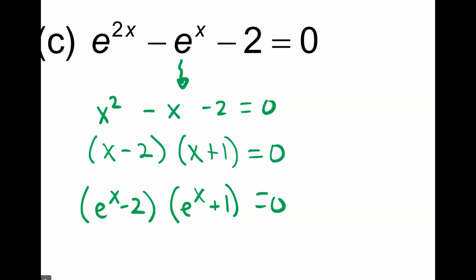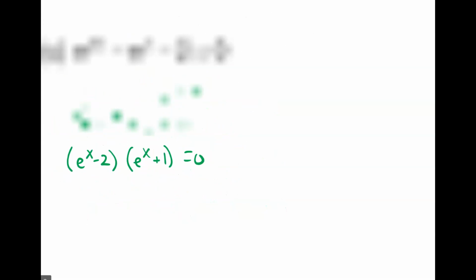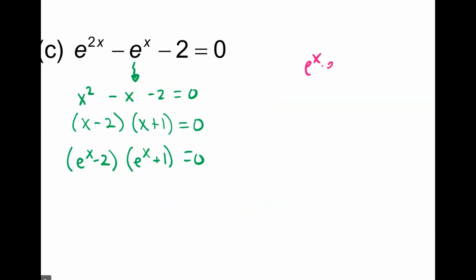Interesting fact: if you take e to the x times e to the x, this is just e to the x plus x, aka e to the 2x. That's why this is like x squared.